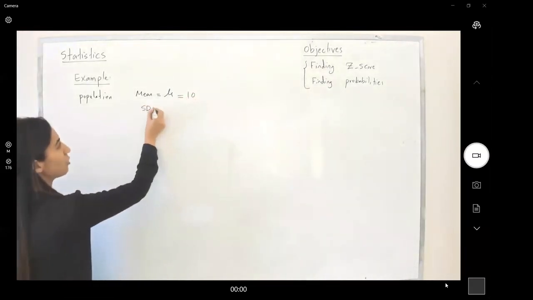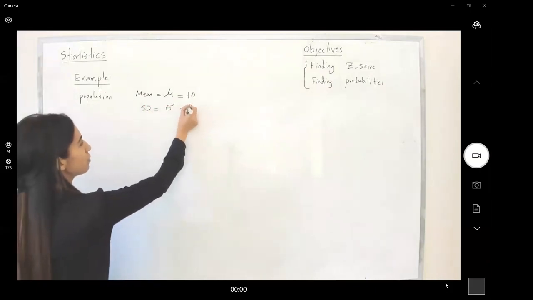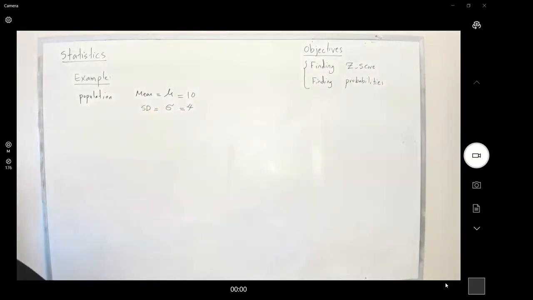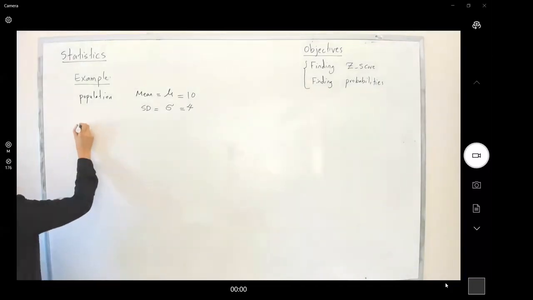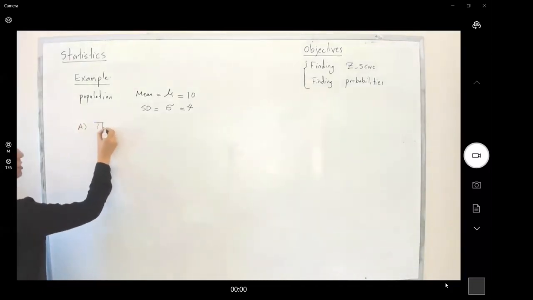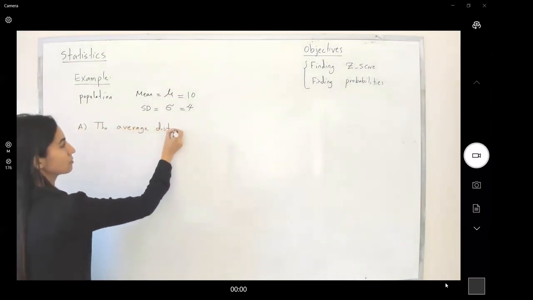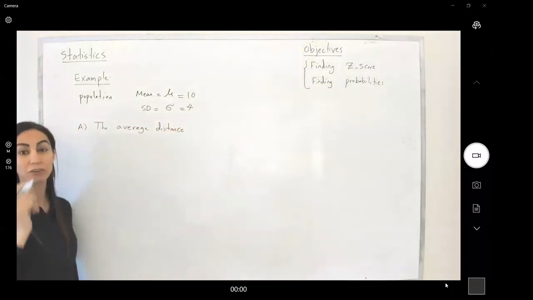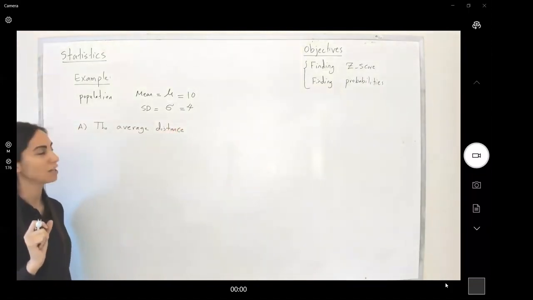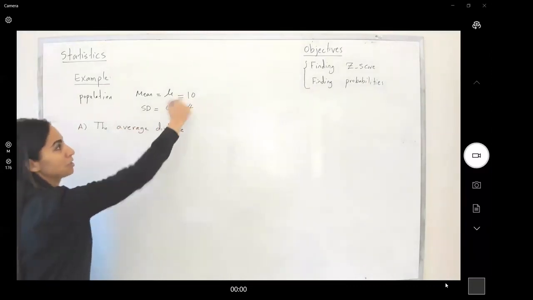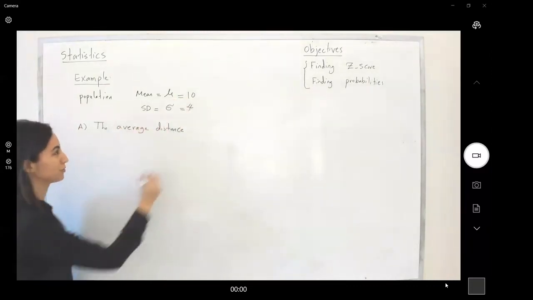We want to know, what does the standard deviation tell us about the variability with respect to the mean? So to answer A, we can say that the average distance, or the average difference between ratings of oranges from the mean, which is 10, is 4.